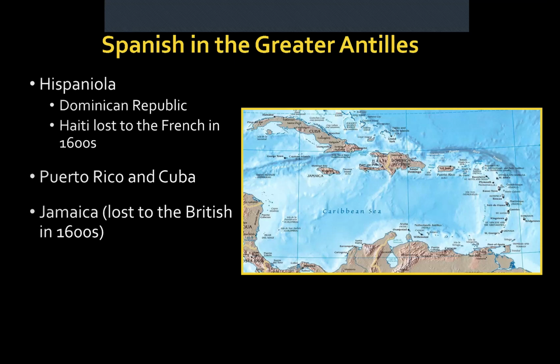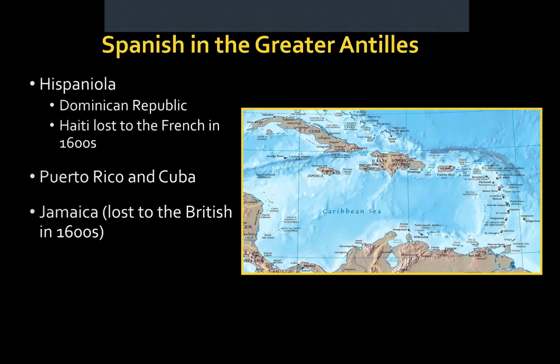So Hispaniola, the big island with Haiti and the Dominican Republic, was one of the areas. The oldest settlement in the Americas is actually in the Dominican Republic. But Haiti was lost to the French in the 1600s.